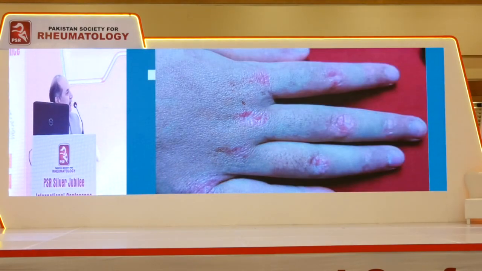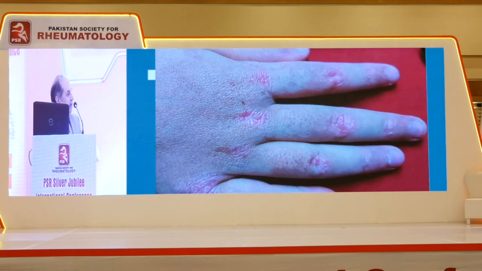A patient presented with these types of violaceous erythematous papules over the dorsal aspect of the metacarpophalangeal and interphalangeal joints, along with other manifestations. It may seem that it is psoriasis, or these are reddish and mildly scaly on the dorsal aspect of the hands. This may mimic other diseases like eczema.